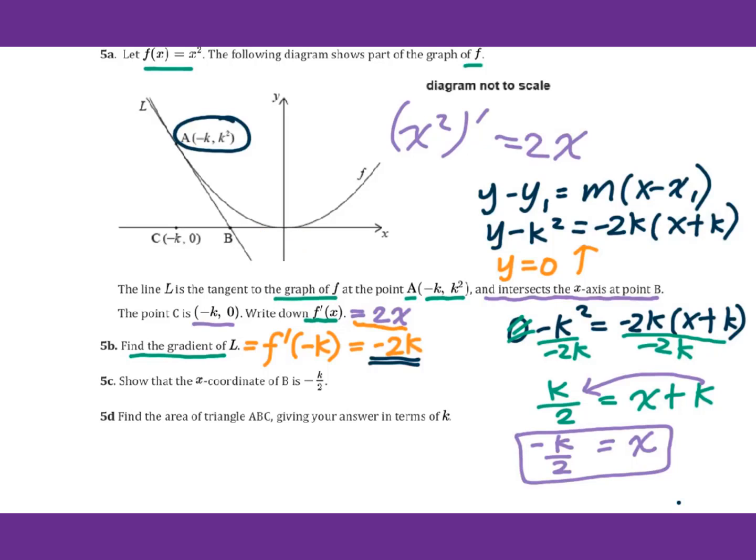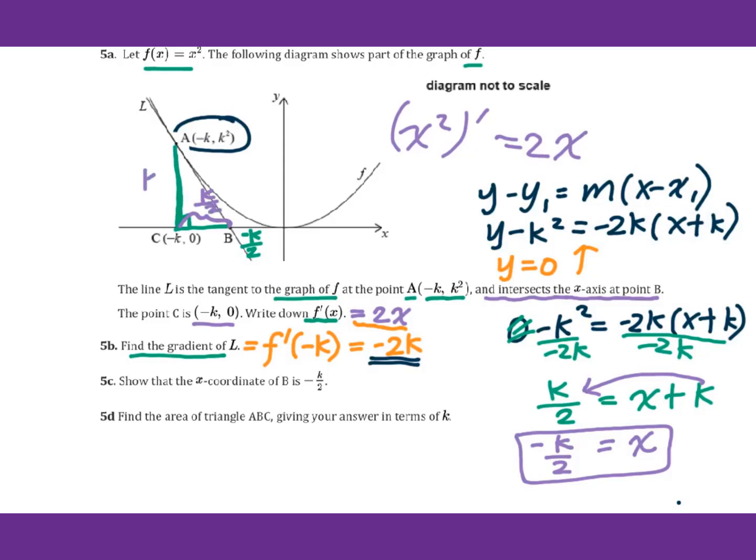For the 5d, find the area of triangle ABC. Because this one is a right angle. Here's a right angle. The x coordinate for B is negative k over 2, which means the distance between these two will be k over 2.